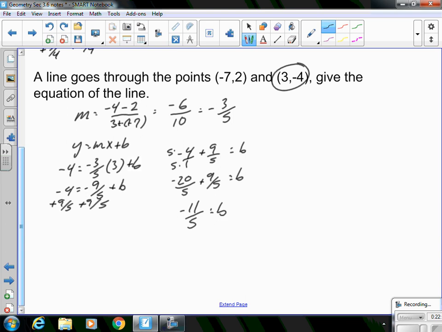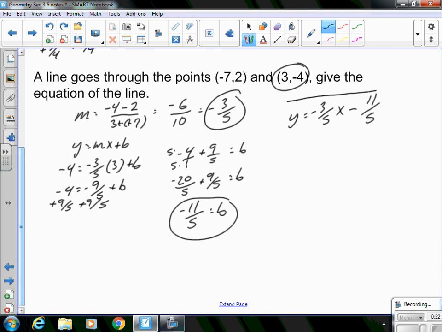That'll be our b value. So now we take our b with our slope, plug them into the y equals mx plus b, so y equals m, negative 3/5, times x plus b, which is actually a negative, so we're going to say minus 11/5.